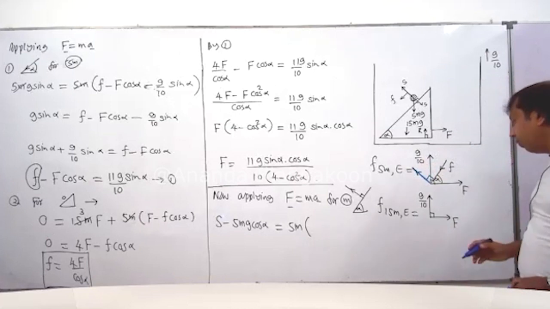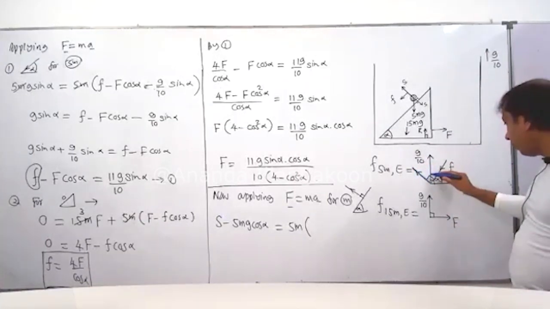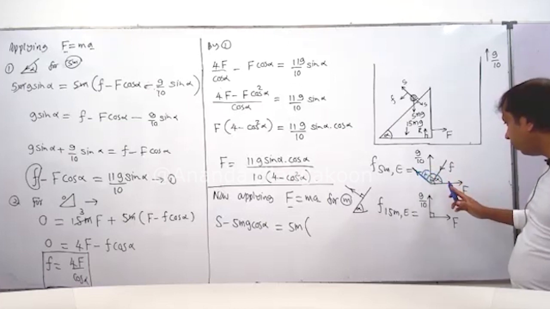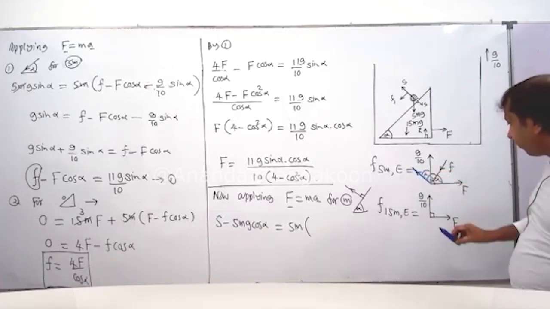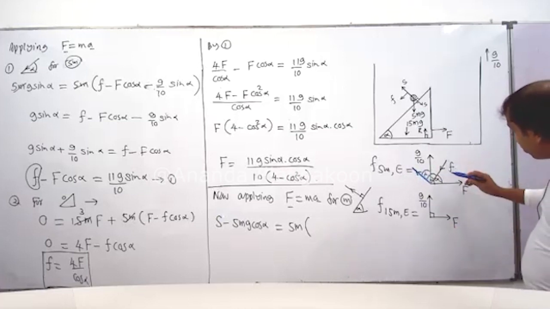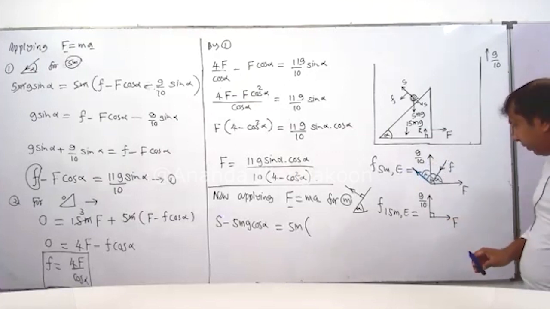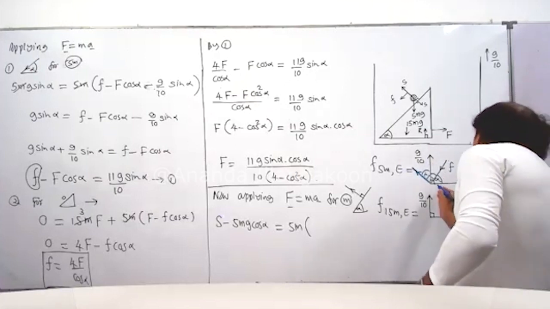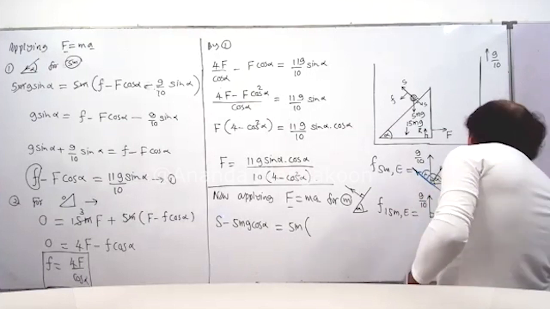Then along this direction, let's see what the component is. Here this is alpha, this is 90 minus alpha. This angle is 90, therefore this is alpha. Then the component of g by 10 in this direction is g by 10 cos alpha. Simple F doesn't give, why? It is perpendicular to this direction. And by this capital F, let's see what the component is.